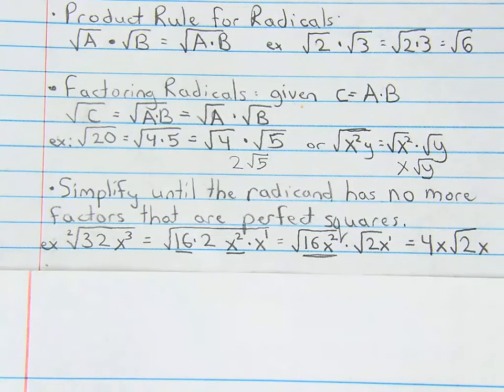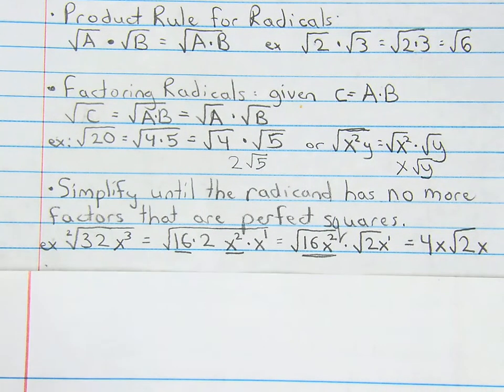So our next bit of information is simplify until the radicand has no more factors that in this situation are perfect squares or perfect cubes or whatever you happen to have for your index. So if I have 32 x to the third, then I can factor my 32 as 16 times 2, again looking for that perfect square.